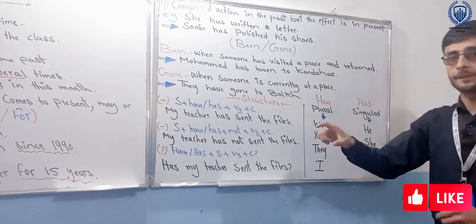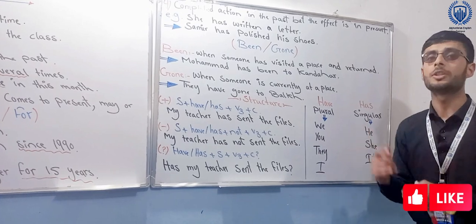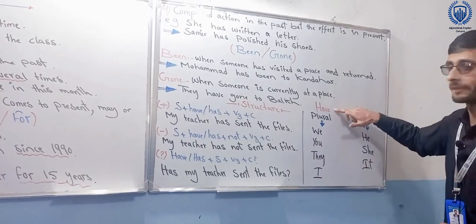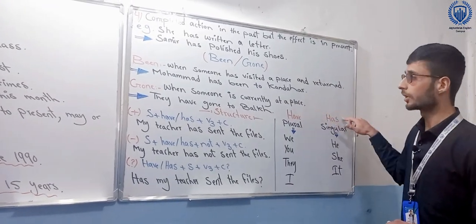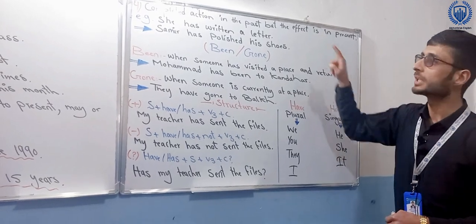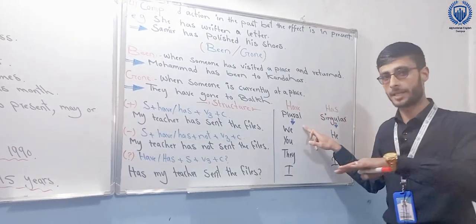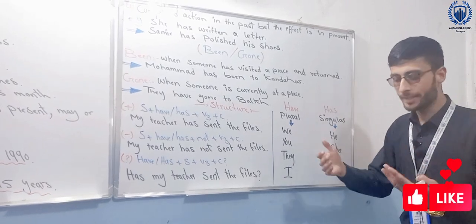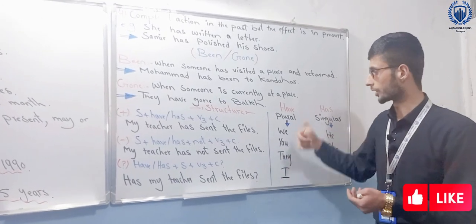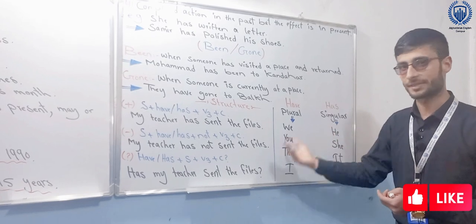Let's come to the differences between have and has and the uses of them. These are the auxiliary verbs that we use for present perfect. Have is for plural subjects. When our subjects are plural, we should use have. What are the plural subjects?